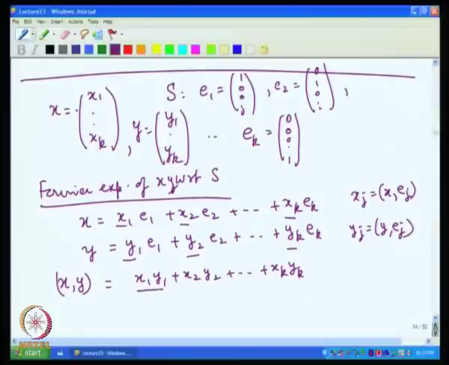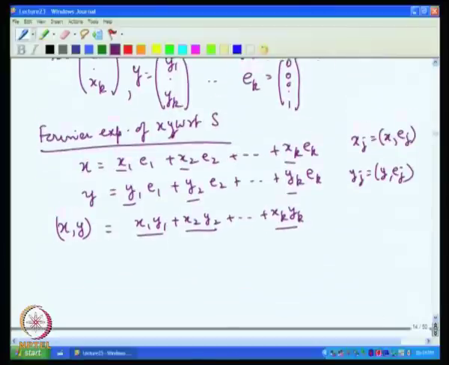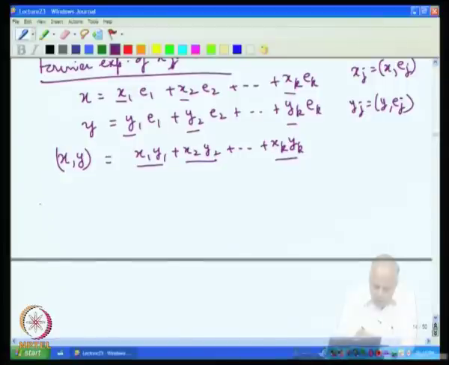So, this is the product of the first Fourier coefficients of x and y, this is the product of the second Fourier coefficients, and this is the product of the kth Fourier coefficients. So, the inner product or the dot product is the sum of the products of the k Fourier coefficients.